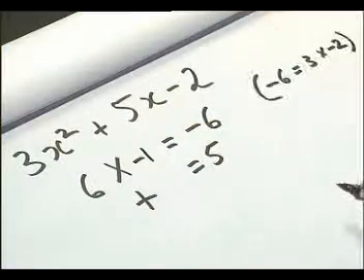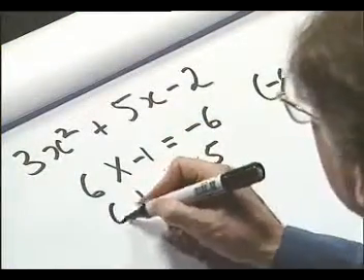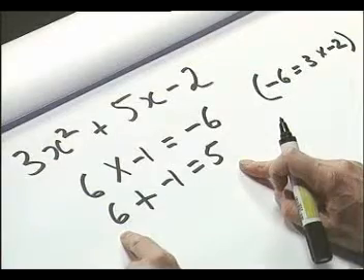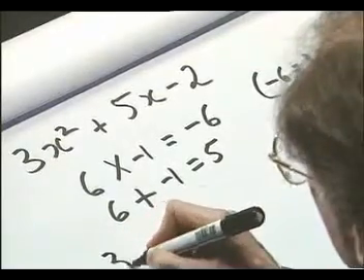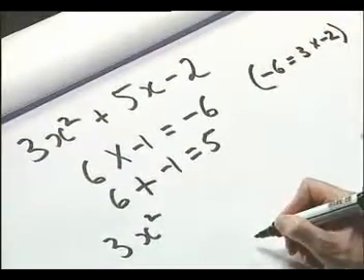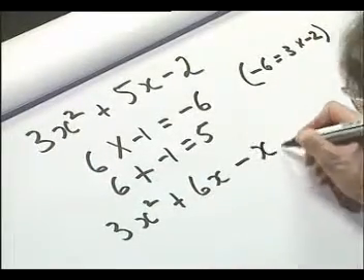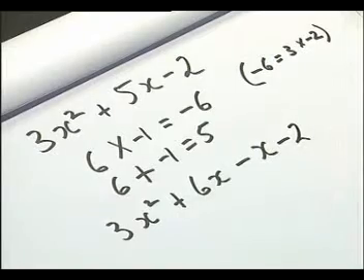Well, if we could have 6 times minus 1, that would give us minus 6, and 6 add minus 1 would give us 5. So this looks like the combination that we want. So we take 3x squared plus 6x minus x minus 2.